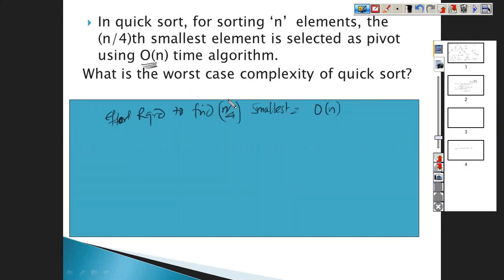Once you find this element, if you want to apply quick sort, you need to bring this element to the last position, because our algorithm works on the last position only. So you need to swap the element with the last element. This requires only constant effort. Swapping is big O of 1, and then you apply partition.